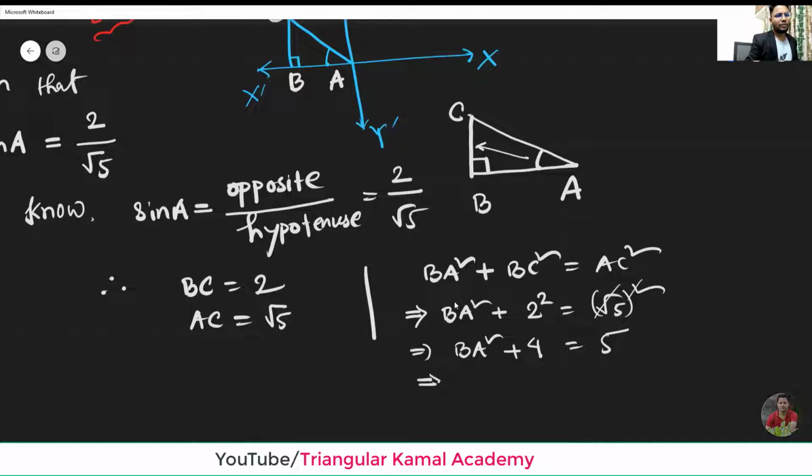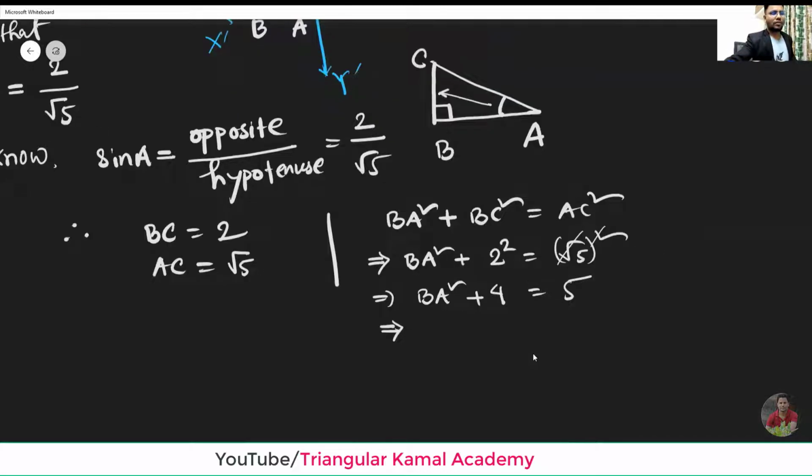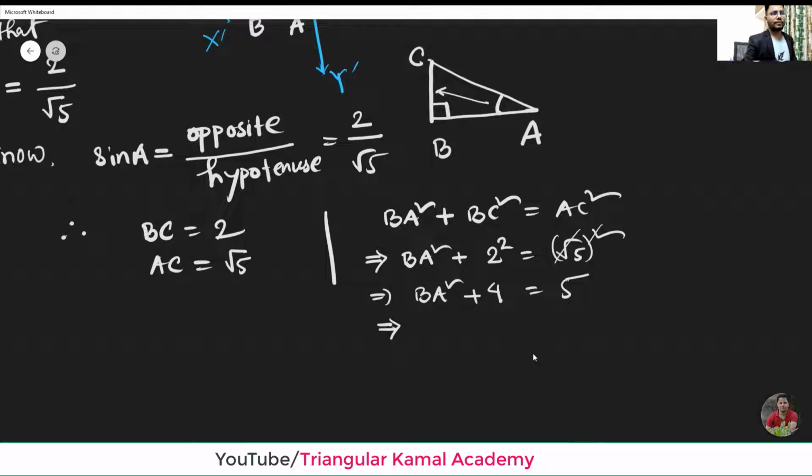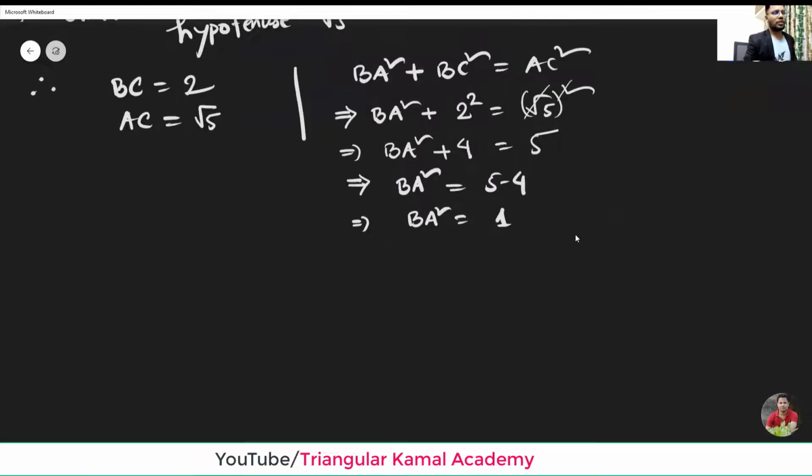So BA square is equal to 5 minus 4, or BA square is equal to 1. So now if we find the value of BA, this will be plus minus square root of 1, which is BA equals plus minus 1.